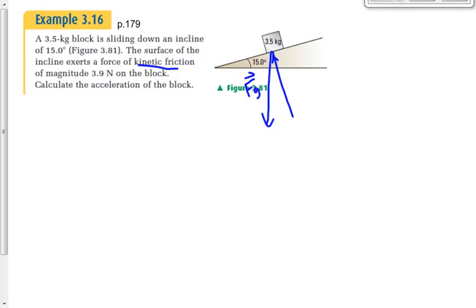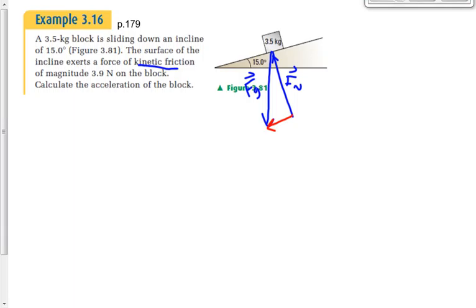Now, watch very carefully here. The normal force combined with the force of gravity give me this force. If I added those two forces up vectorially, because we're dealing with two dimensions here, then we would get that red force. Does that make sense?